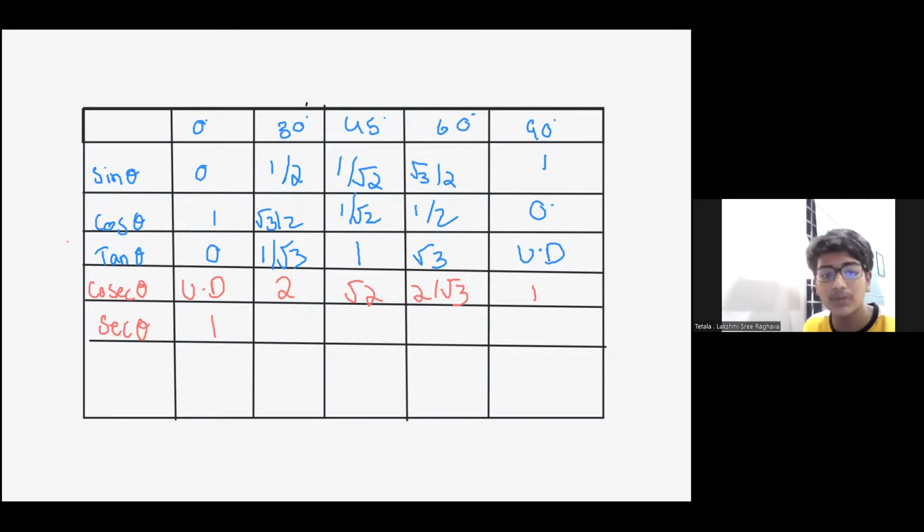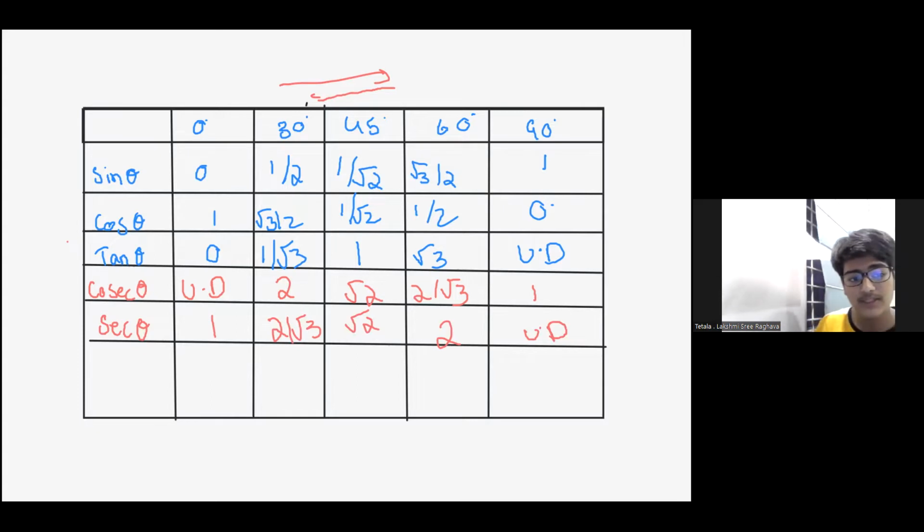So 2 will come up, root 3 will be down. So 2 by root 3. And then here root 2 will remain the same. 2 here, undefined. See, so simple. For sine theta, whichever you are writing like this, for cos theta I have to write like this. And the same applies for cosec and sec.